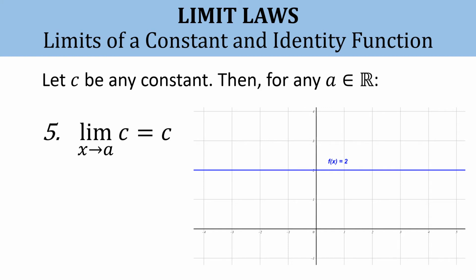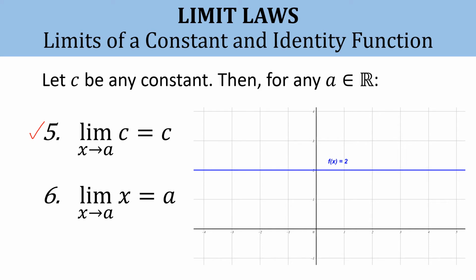It says that the limit of a constant c as x approaches a is equal to c, and we also have the limit of x as x approaches a is equal to a. Let's do example number 5 first, which I have a graph for here. We have a function f of x is equal to 2. This is what I call a constant function, because we are only given a constant for the value of y.